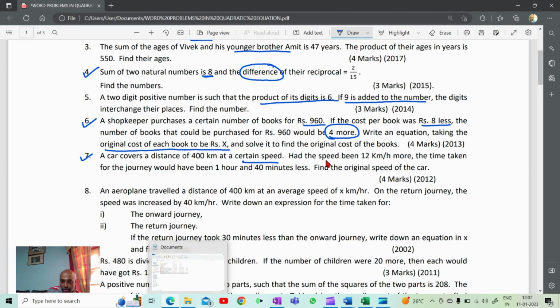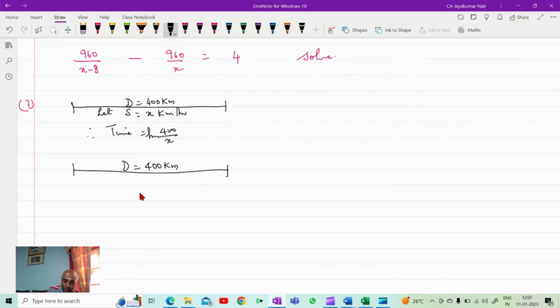But you're going to increase the speed by 12 kilometers per hour more. So speed now will be x plus 12 kilometers per hour. Therefore, how much time will you take now? It'll be 400 over x plus 12 hours.